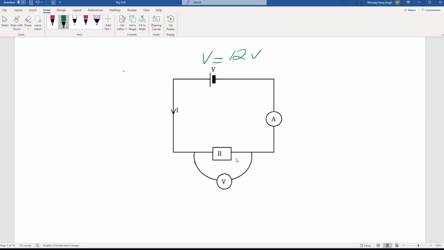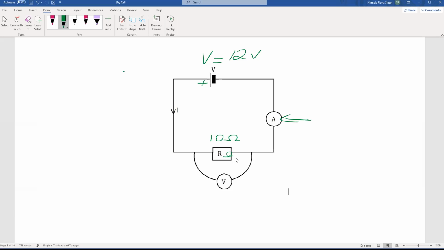We'll have our current coming out of our positive pole. We'll have our resistor of some resistance. We usually either have to find that resistance or it's given to us. And then we have our components connected to it.